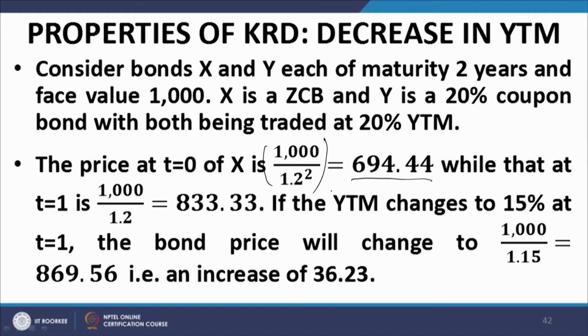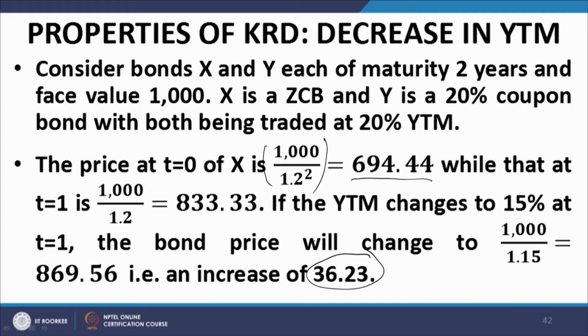If the YTM changes to 15% at t equal to 1, the bond price changes to 1000 divided by 1.15, which is equal to 869.56. That is, it is increasing by 36.23.